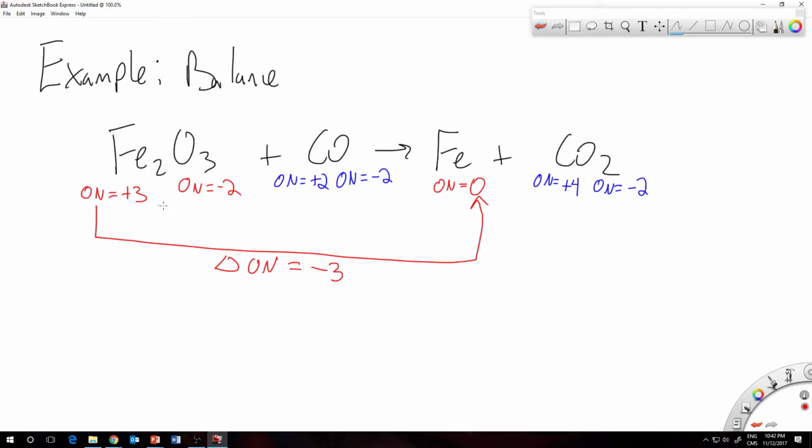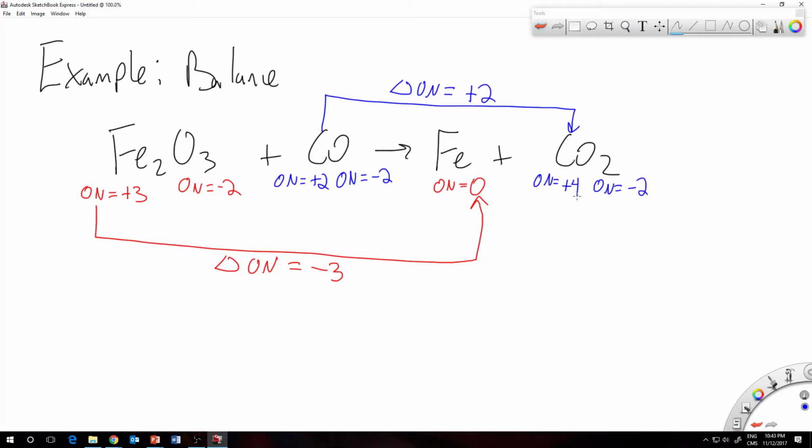Okay, and that kind of makes sense because in the iron(III) oxide it has an effective charge of +3, and then in solid iron it now has a charge of 0. The carbon on the other side has a total oxidation number change of +2 because it's going from +2 to +4.